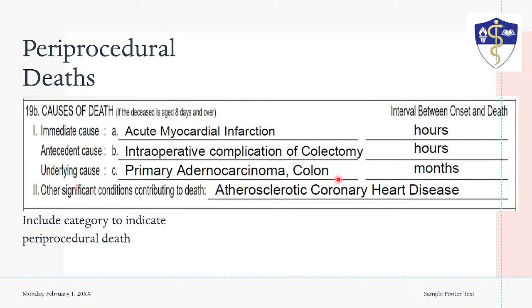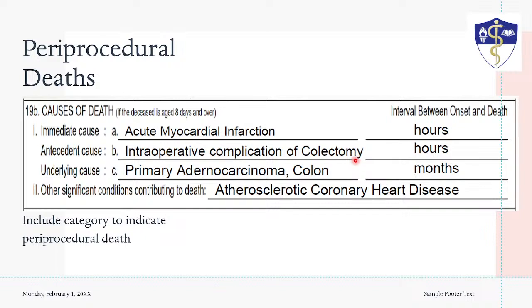So acute myocardial infarction can be the immediate cause. Okay, and then intraoperative complication of colectomy. I think this can also be PE. Pulmonary embolism can also happen, especially within hours after the operation. One of the things anesthesiologists monitor is hypercoagulability after an operation.